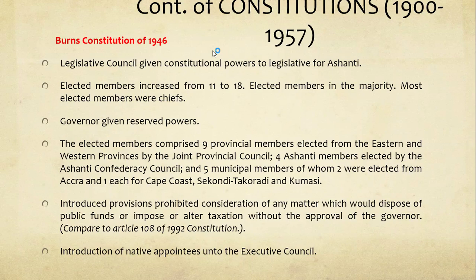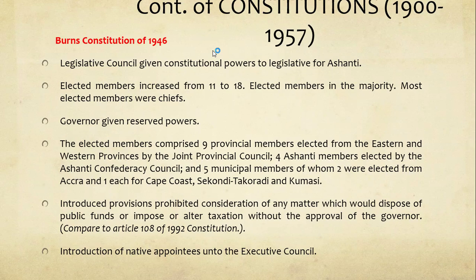So for the very first time, since 1850, there was an African majority introduced into the Legislative Council. And that was a big thing.